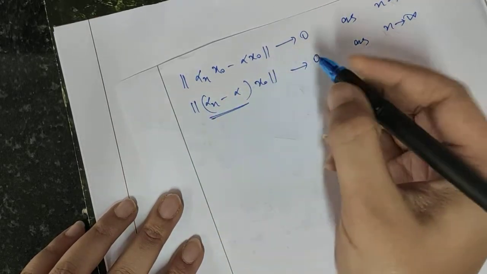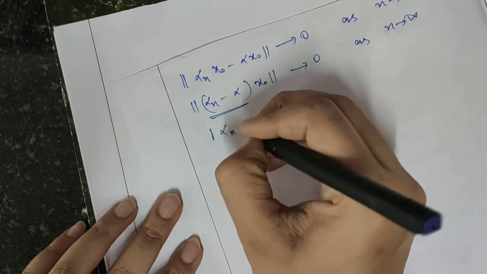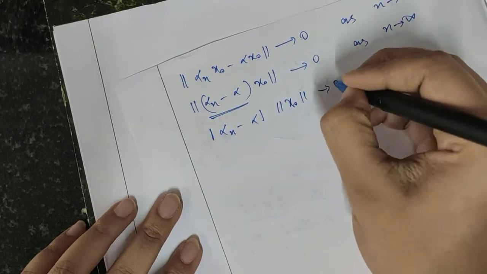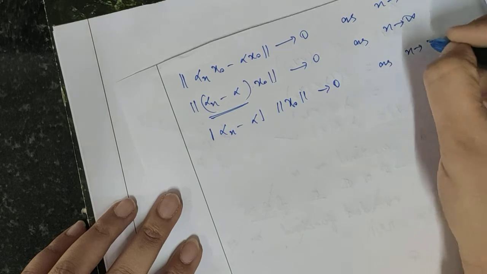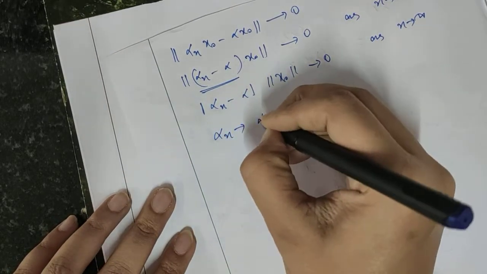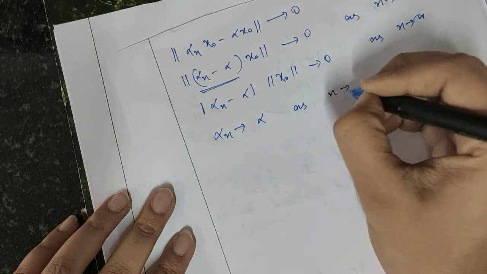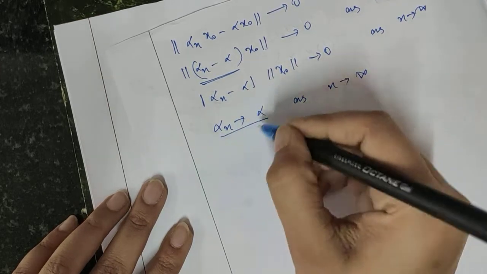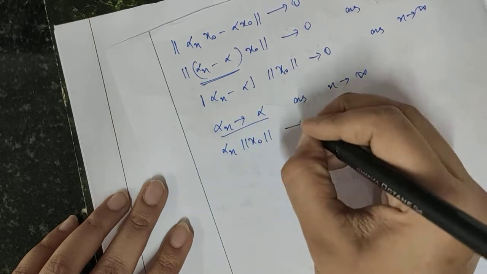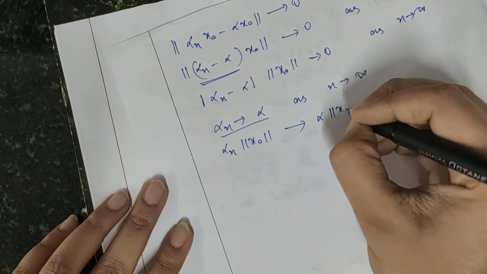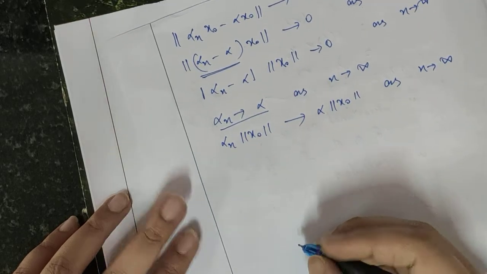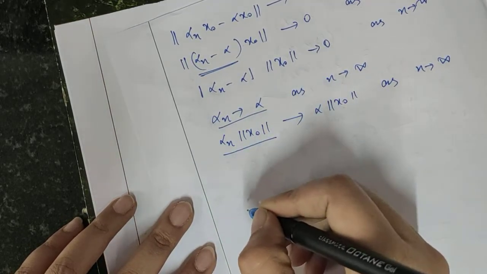Since alphas are my scalars, I can write this as mod alpha n minus alpha into norm x naught tends to 0 as n tends to infinity. So alpha n converges to alpha as n tends to infinity. From this we can say that alpha n norm x naught converges to alpha norm x naught as n tends to infinity. So now what is alpha n norm x naught?